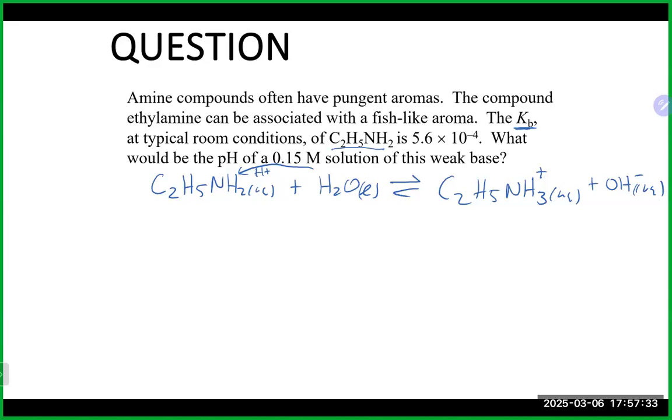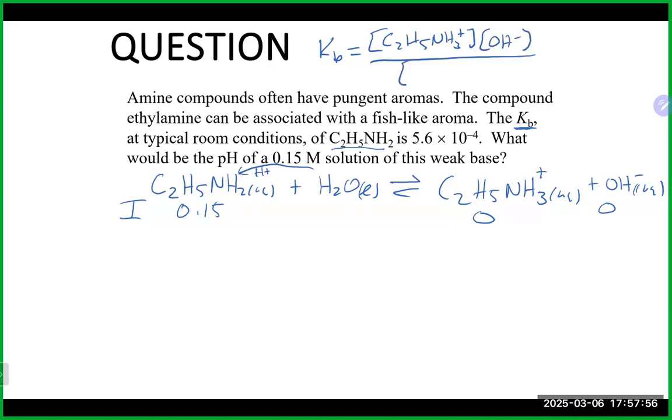We'll do our ICE table here. The only thing given to us there is we have 0.15 molar of this guy, 0 and 0. We could also write again our Kb expression if we like, which would be the concentration of C2H5NH3 plus, OH minus, and our original guy there, C2H5NH2.